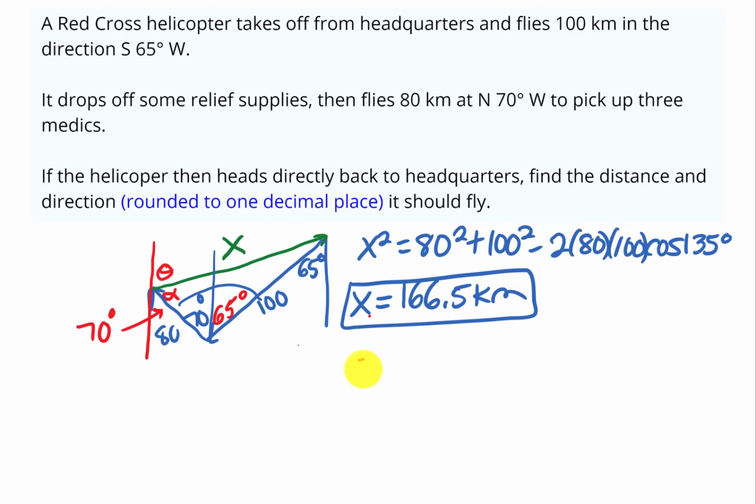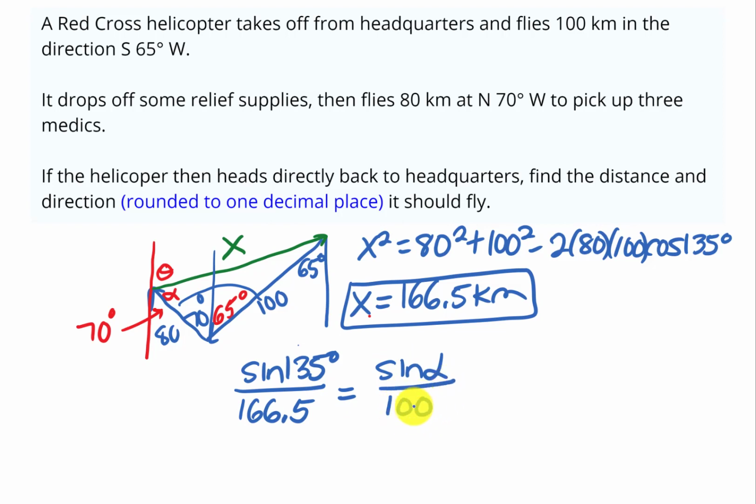So let's go to the triangle first, and we're going to find alpha. I'm going to use the law of sines because I have an angle and side opposite a pair now. So I know that the sine of 135 over the side opposite, I'm going to use the value in my calculator that's not rounded, but I'll write down here my rounded value, 166.5, equals the sine of alpha over the side opposite it, which is 100.